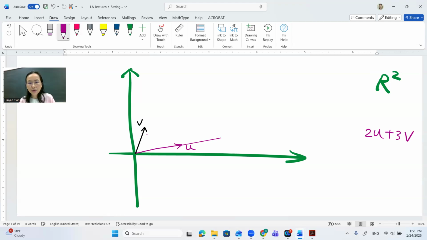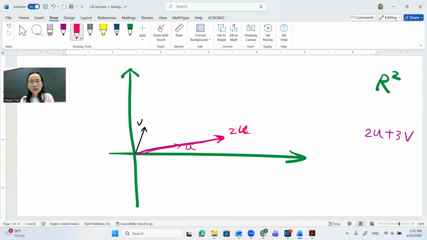This is u, but 2u will be, I want to use a different color, here, red. This is just a bright color to show you the 2u is that one, twice as long as u.